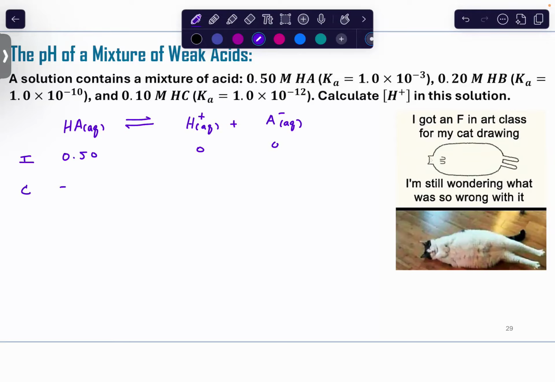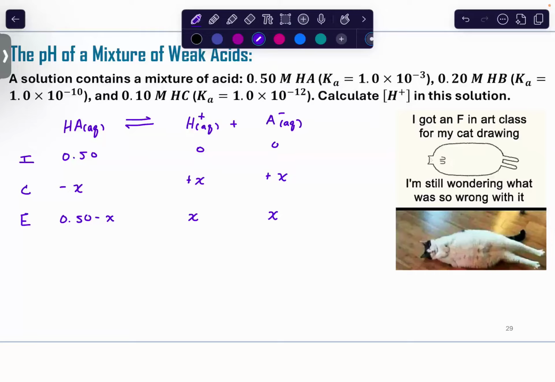My change, and my equilibrium values. Once again, we have a K value on the order of 10 to the negative third. So we're right on that boundary. And so you saw the last time it failed the 5% test. This time it's going to pass. So you're going to see why it's ambiguous at that scale.